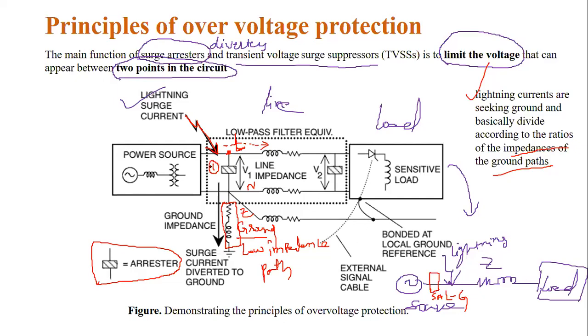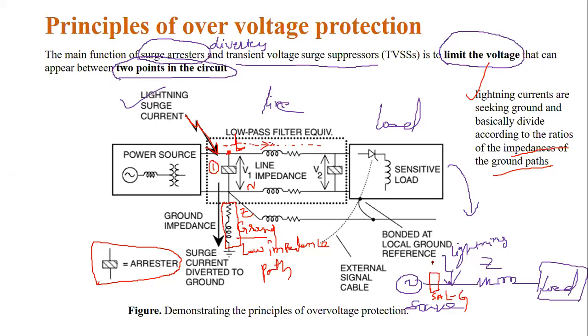Because of some ground impedance, some amount of surge currents flow into the load side. See this load side. I think you understand this one.